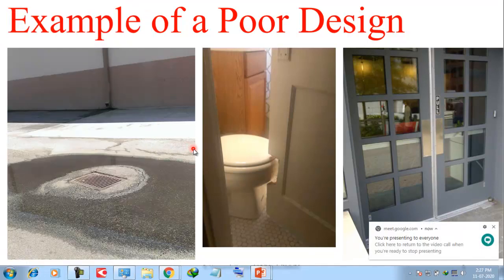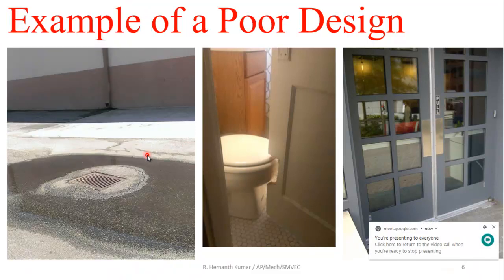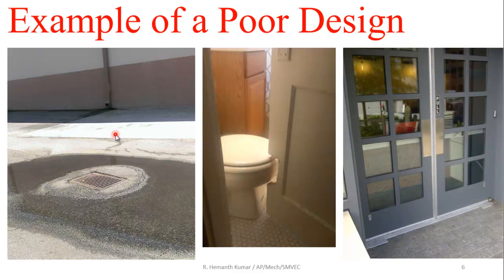They build without any planning. Without any planning. Okay. In the first image, which I am pointing out, why is it called poor design? Because the water is stagnant, it is standing there, nothing is going into the hole. Right, the sewage drainage system is not designed properly in such a way that the water is not going through it.